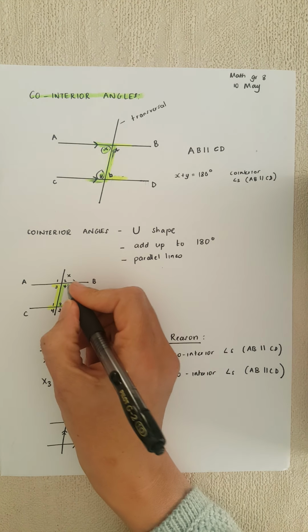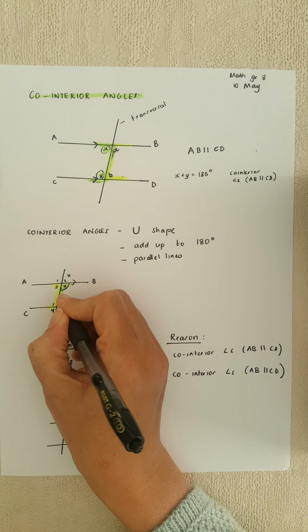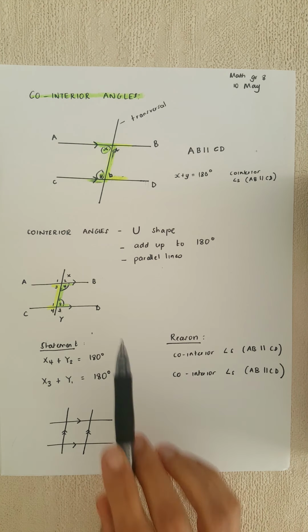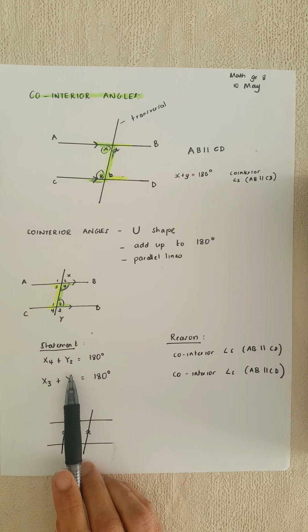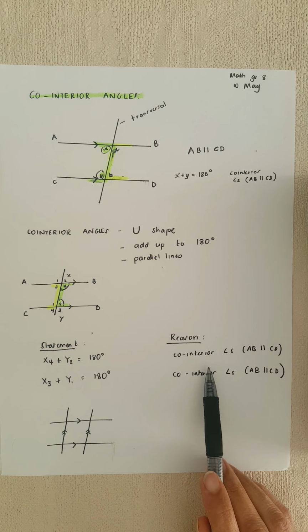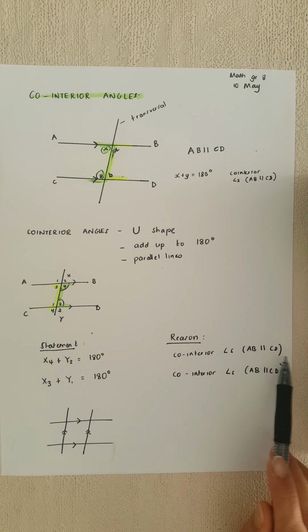The angles inside here, X4 and Y2, right? That's just the name of the angles. X4 plus Y2 is equals to how much? 180 degrees. And why am I saying it's equals to 180 degrees? They are co-interior angles, and my reason also is AB is parallel to CD.